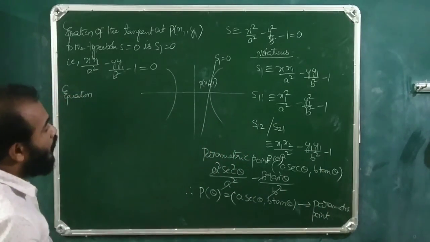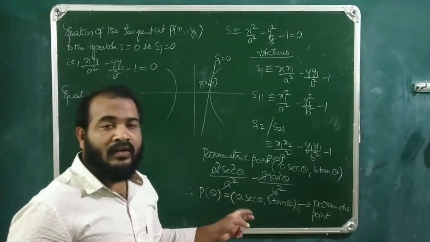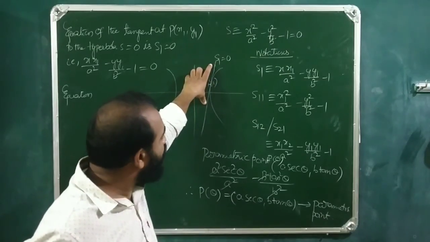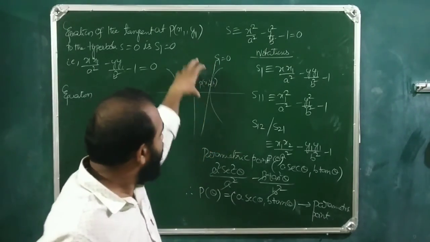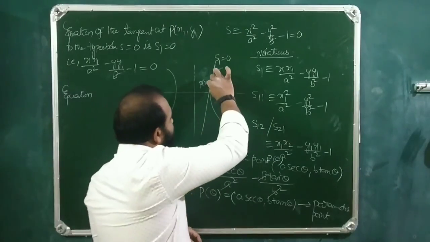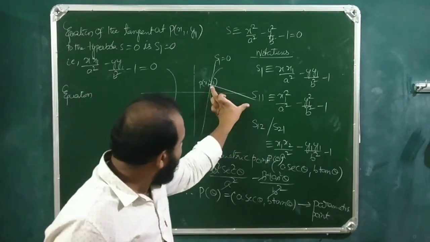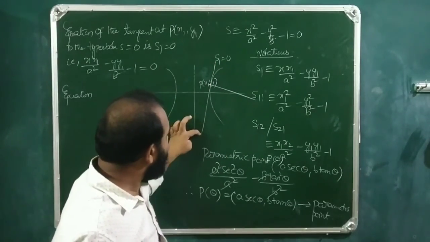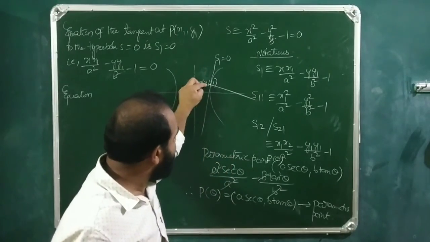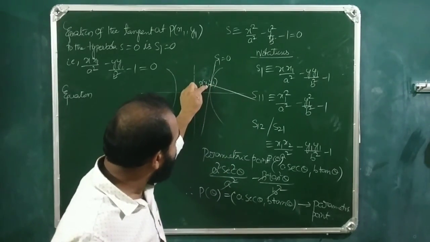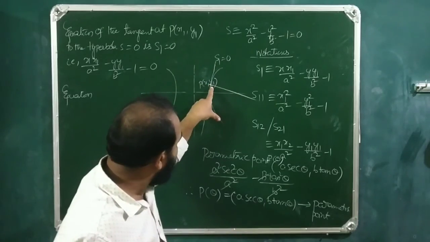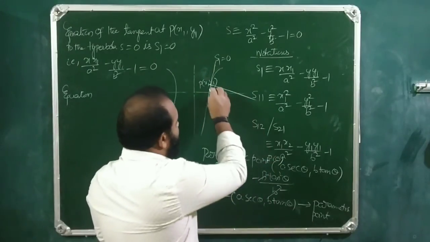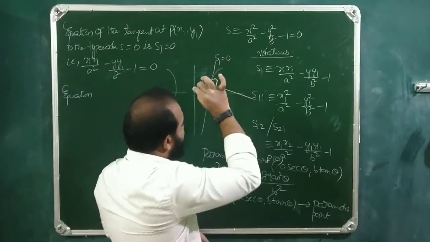Now what is the normal? The normal is a line which is perpendicular to the tangent and passing through the point of contact of the line and the hyperbola. So this line is not only passing through the point of contact of the line and the hyperbola, but it is also perpendicular to the tangent.